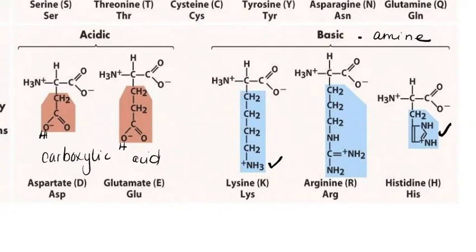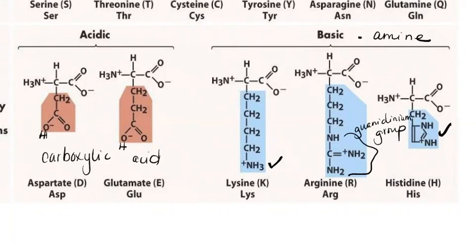In the amino acid arginine, it has a functional group that, again, is present in biochemistry, not in a lot of organic molecules. So having this NH connected to carbon, connected to an NH2, connected to another NH2, that is known as a guanidinium group. And that's also part of the basic amino acids, okay?